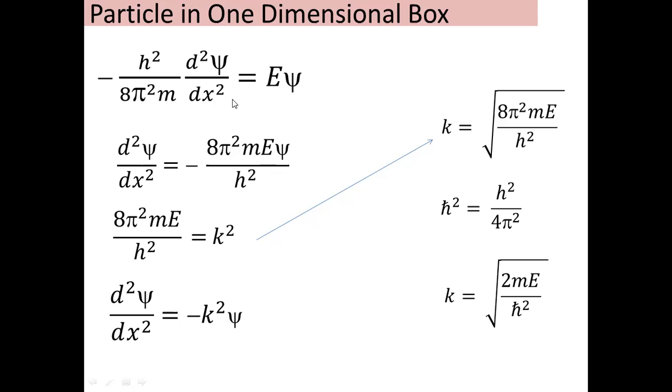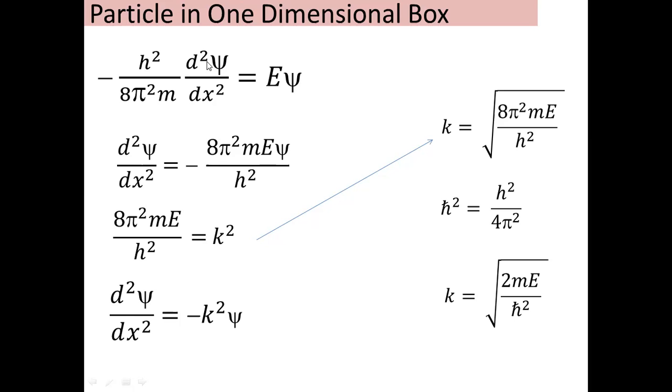I am now going to further rearrange, because if you remember, the objective of this solution for the particle in a one-dimensional box is to find out what the psi, the wave function, is, and how you can calculate the wave function. So all these modifications I'm going to do just to get the value of psi, the wave function.